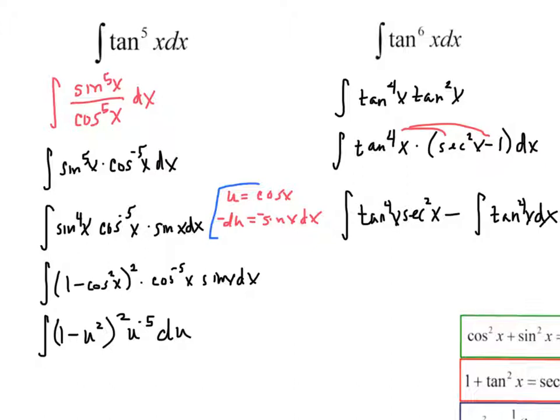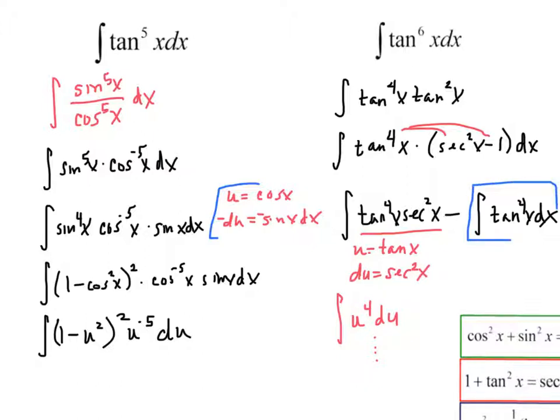Now, this we can do now. We could make u tangent. Du would be secant squared. So the integral would be u to the fourth du. Boom, boom, boom. Easy enough. This one is back to being an even power. So what do we have to do? We have to repeat what we already did.